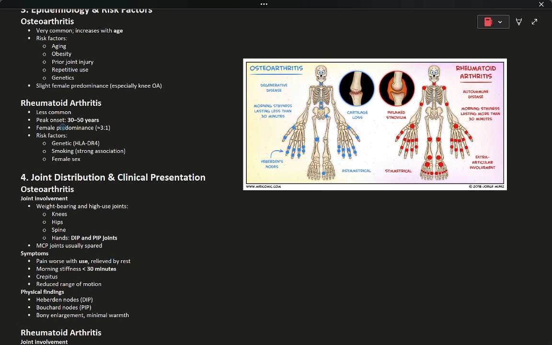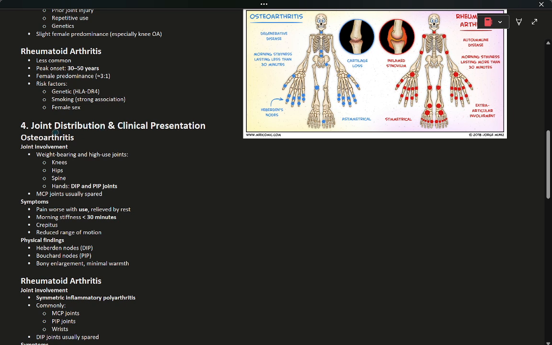And as we mentioned earlier, the female sex, as rheumatoid arthritis affects females more predominantly than males.